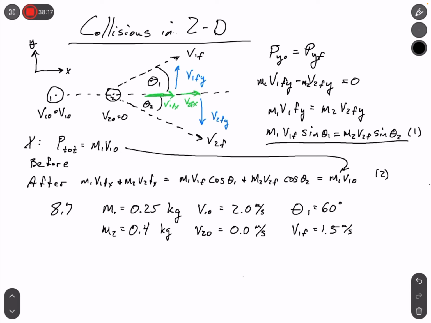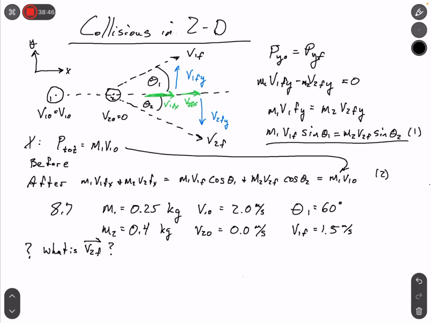So the question is, we've got two, but basically the two questions add up to one thing. The question is, what is V2 final? And when I put a little line over the top, it's a vector.